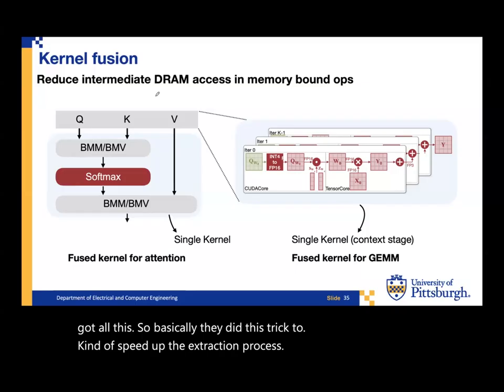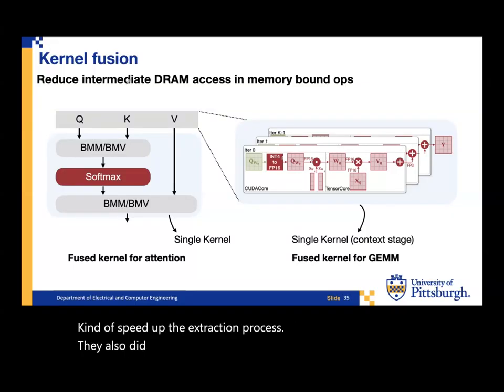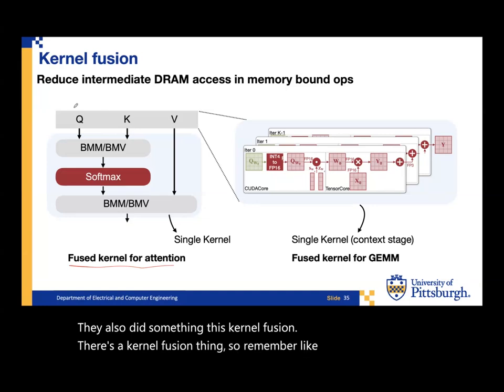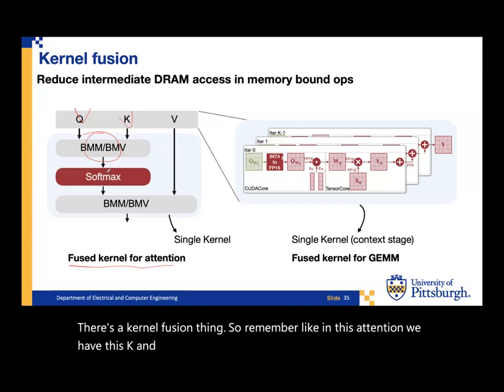They also did something called kernel fusion. So remember, in this attention, we have this K and V, calculating the attention map, doing the softmax, and then doing the calculation with the value matrix, right?